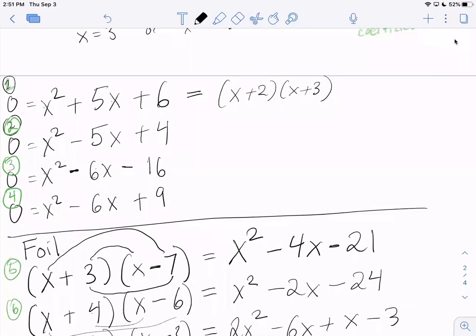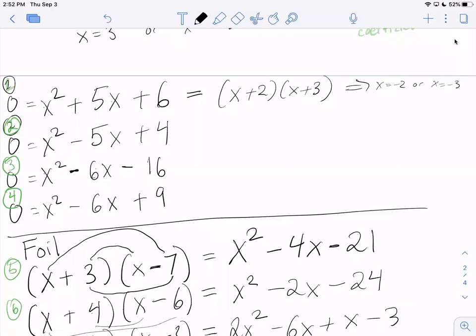Actually, quickly in your head, FOIL this out just to verify that you get what you were supposed to get, because that'll help you avoid mistakes. And this implies the numbers that you can plug in to make it 0 are x equals negative 2, or x equals negative 3.